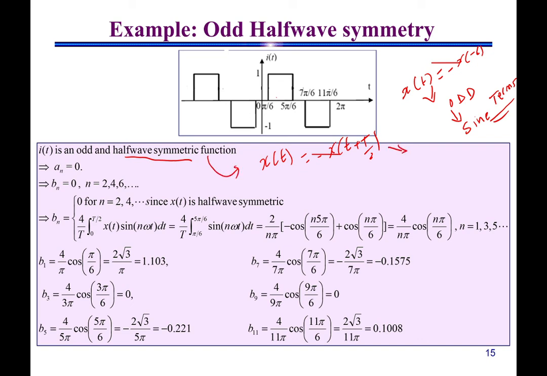Since it is half wave symmetry, then all even harmonics are 0. So an is 0, since we only have the sine term. bn will be 0 for the even, but for the odd of course it will be there.